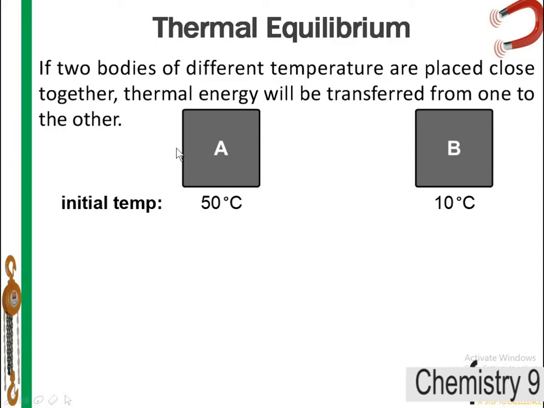So let's say we have a substance, and let's call that substance A. And let's say we have another substance, and we're going to call that substance B. And let's say that the initial temperature of substance A is 50 degrees Celsius, and the initial temperature of substance B is 10 degrees Celsius.